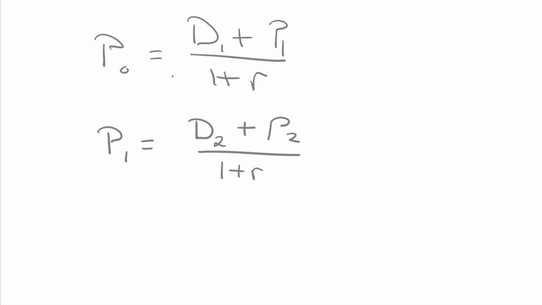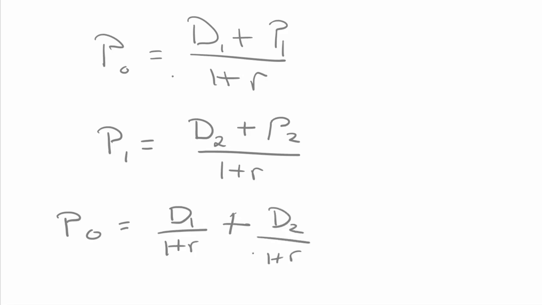Okay, so substituting that in, we get P0 equals D1 over 1 plus R plus D2 over 1 plus R squared plus P2 over 1 plus R squared.